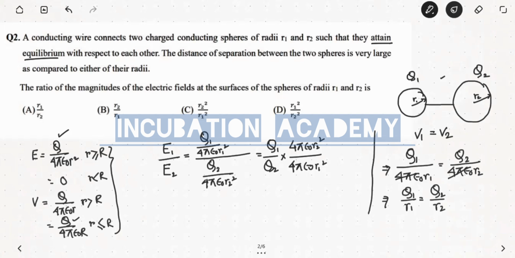So 4 pi epsilon naught just cuts out. What is Q1 by Q2? From these expressions, Q1 by Q2 will be R1 divided by R2. If I put it here, it will be R2 square divided by R1 square multiplied by R1 by R2, so that becomes R2 divided by R1. So obviously option B is the correct option here.